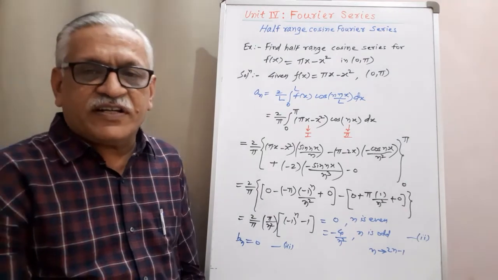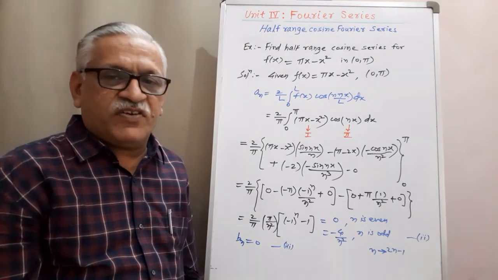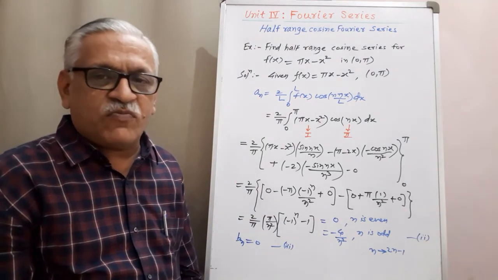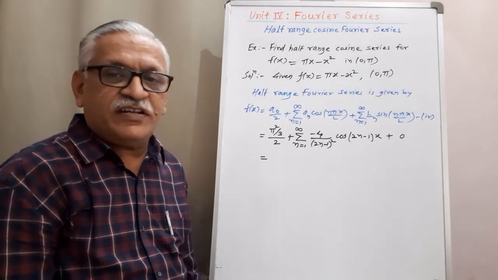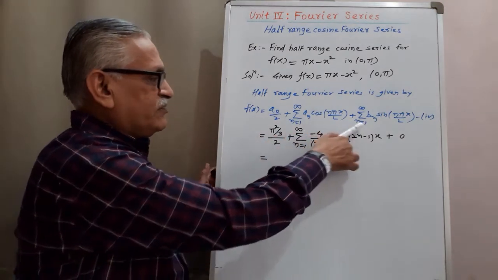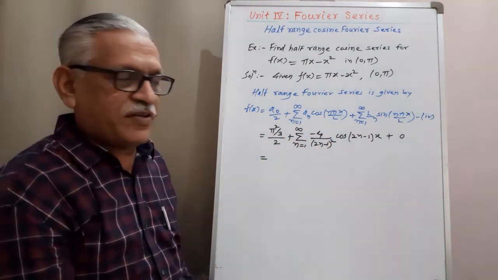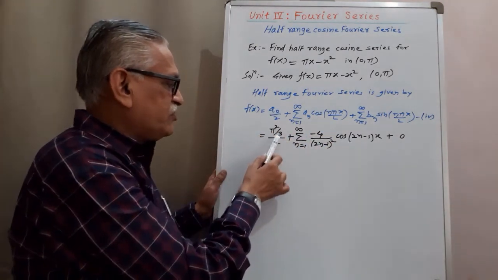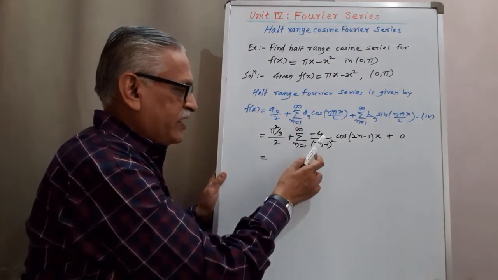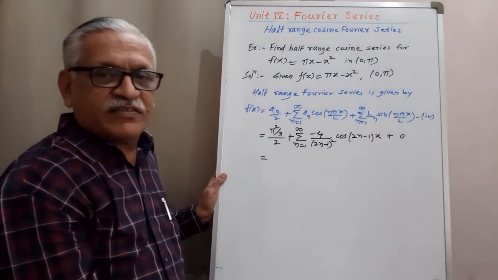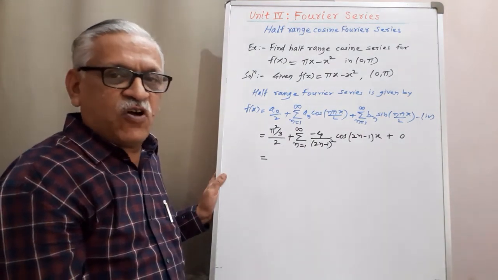And then after getting all the values, we put it in that formula for Fourier series. Substituting the values of a0, an and bn in equation 4, Fourier series formula. Value of a0 is pi square by 3 divided by 2. Value of an is minus 4 by n square, and that value exists for odd values.